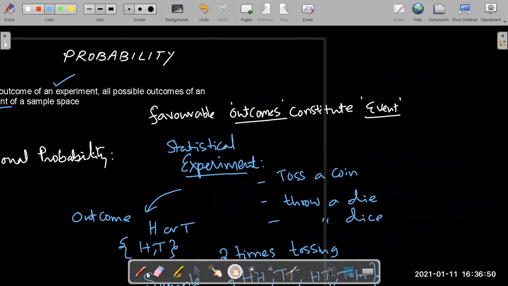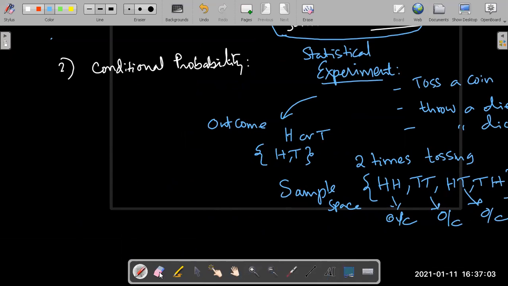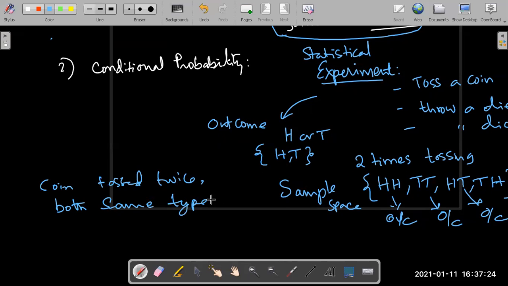Out of the total outcomes, if you take favorable outcomes, then that is called an event. Favorable or non-favorable depends on how we start looking at the sample space. For example, if I tossed the coin twice and I'm interested in both same face, that means either HH or TT.